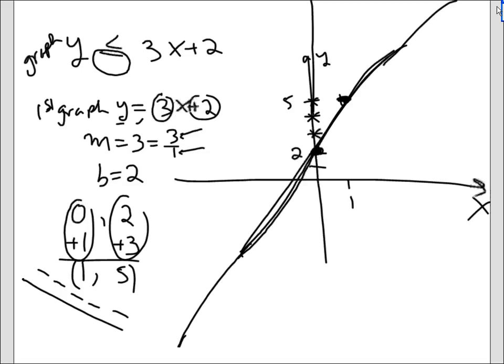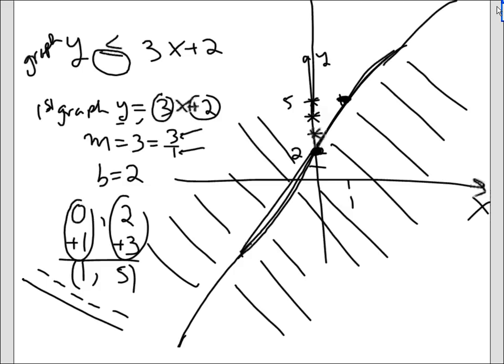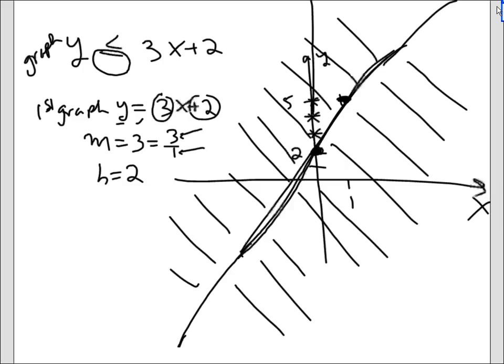Now, either the final answer will include all the points over here, or all the points up here. One of them and only one of them is correct. So we need to decide which one is correct. And rather than erasing both of them and putting one back, let me find out which one is wrong.